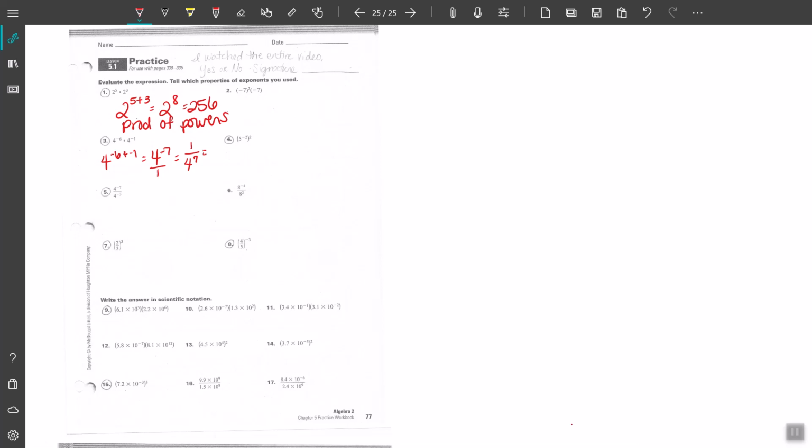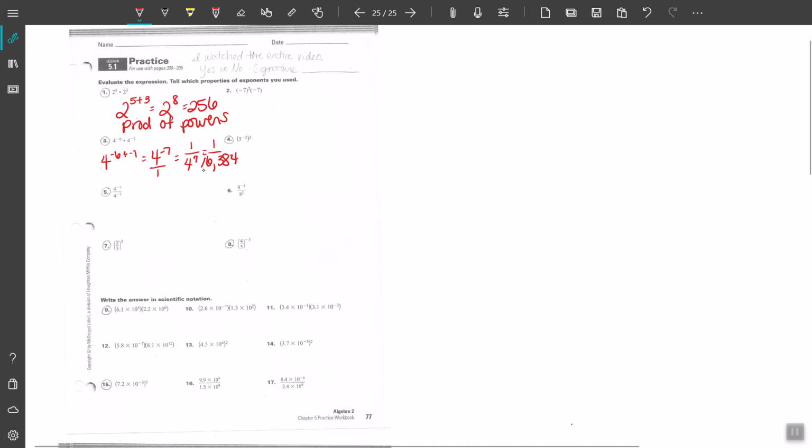The exponent becomes positive. Then you would do the same thing. Take your calculator, and you can do 1 divided by, and then put 4 to the 7th in parentheses, and hit enter. Or you could just calculate 4 caret 7. If you do it that way, you'll just get a fraction like this. So it kind of depends on whether you want a fraction or you want a decimal.